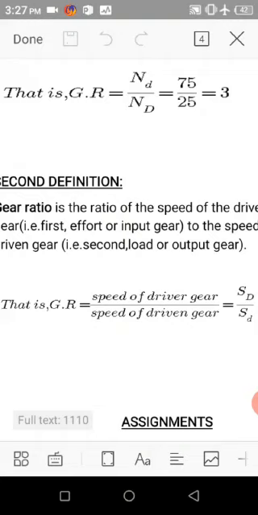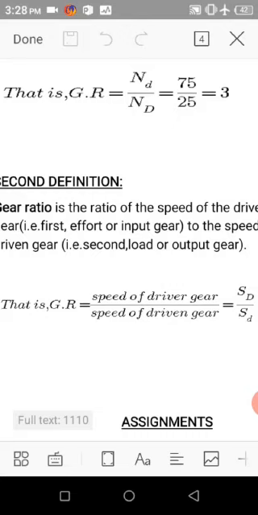So if you are given the speeds of the 2 gears that make up a gear system, that is how you find the gear ratio, and the answer is going to be the same as the one you got with the number of teeth of the 2 gears.